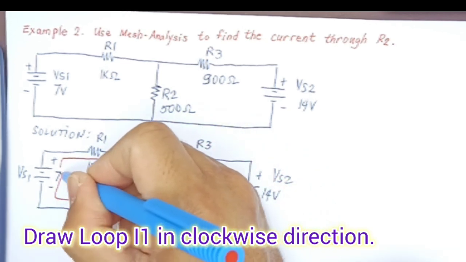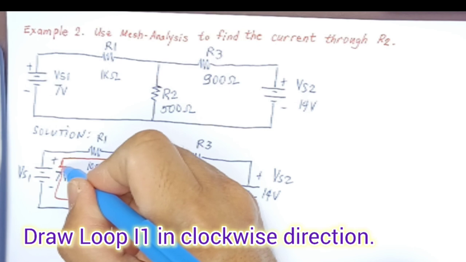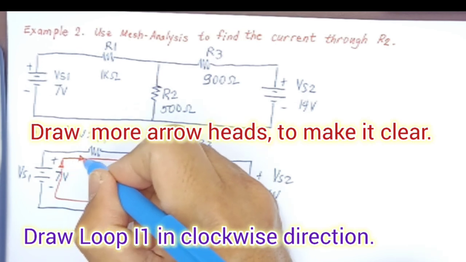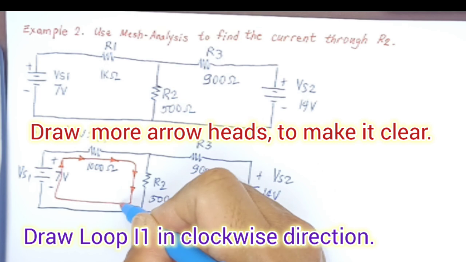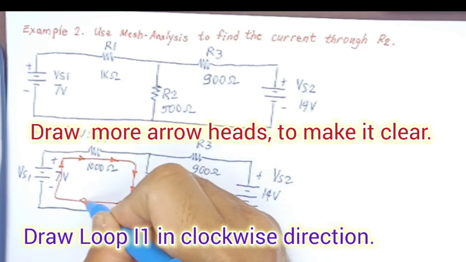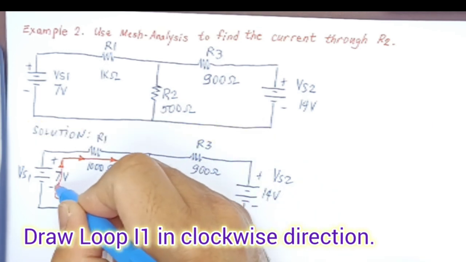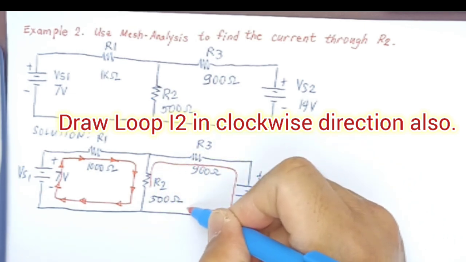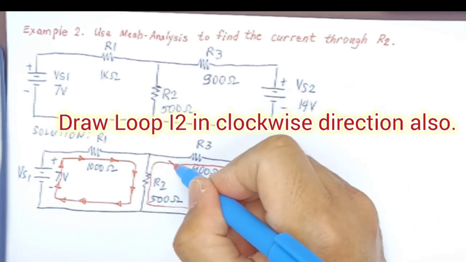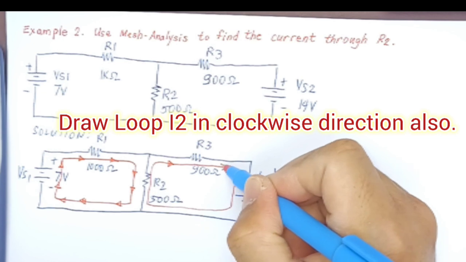And then we draw a loop inside the left side, and let's put some arrows in a clockwise direction. In this way, we will put many arrowheads in order for us to clearly see the supposed direction of the current on the left side.